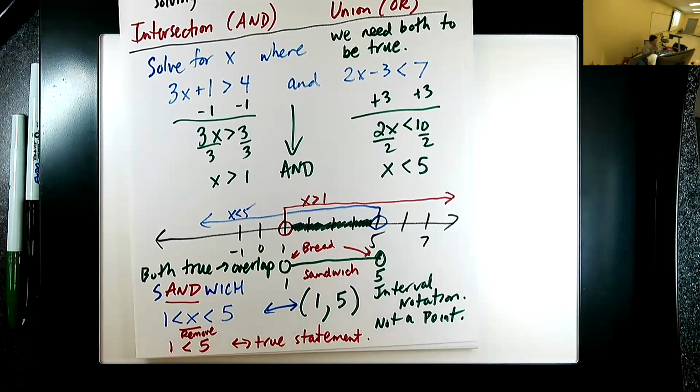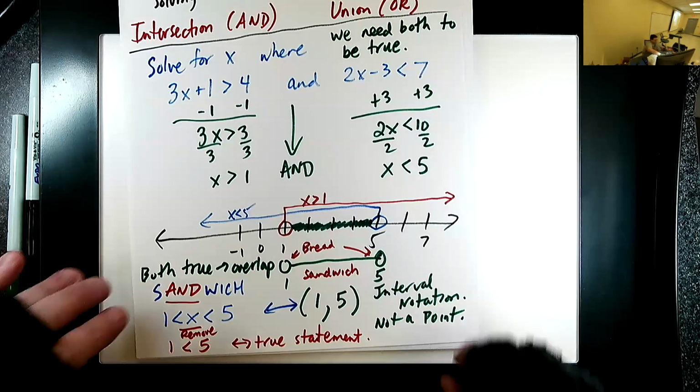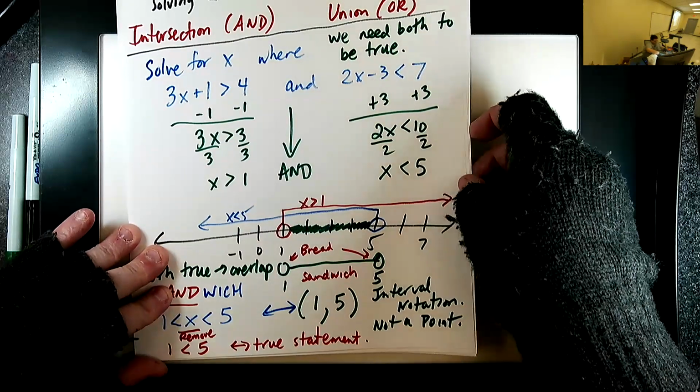If you have a sandwich and you remove the letter, you should still have a true statement. I will show you later on the common mistake that students make, where they make a sandwich when they shouldn't have, and it leads to a false statement. But that's a little bit later.